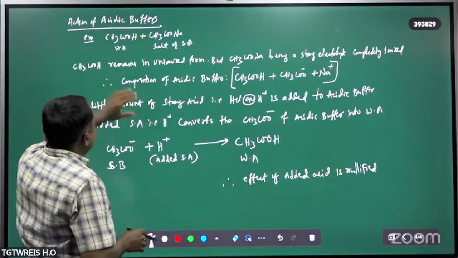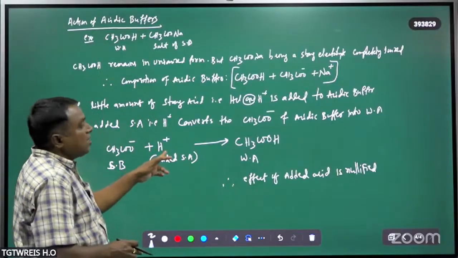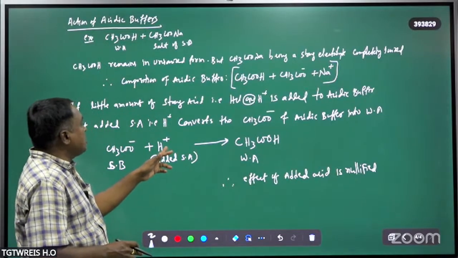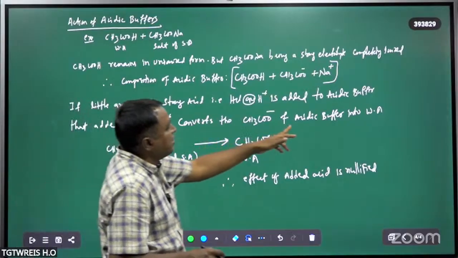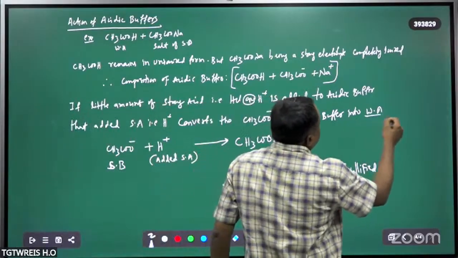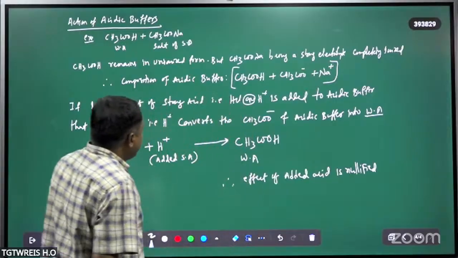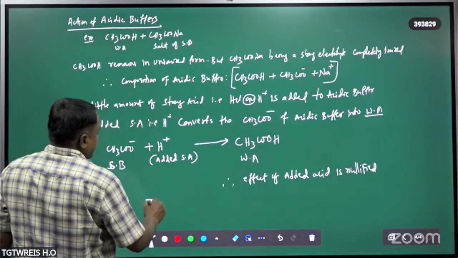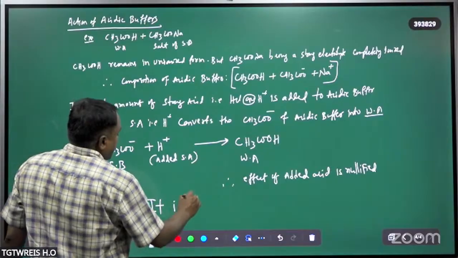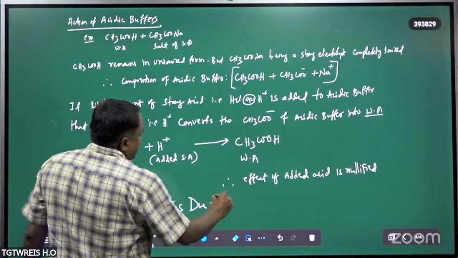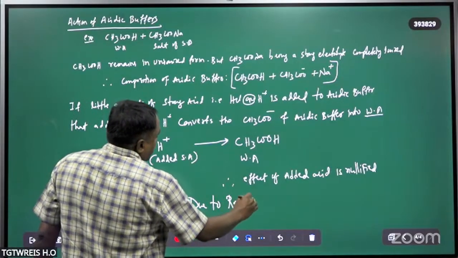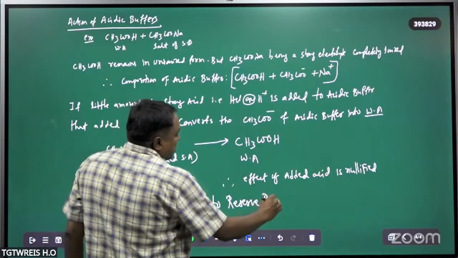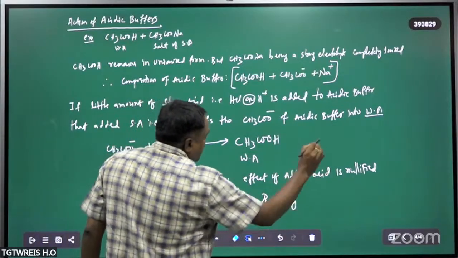Suppose to this buffer solution we add strong acid, and that strong acid is converted into weak acid. This is due to the reserve basicity present in the buffer solution.